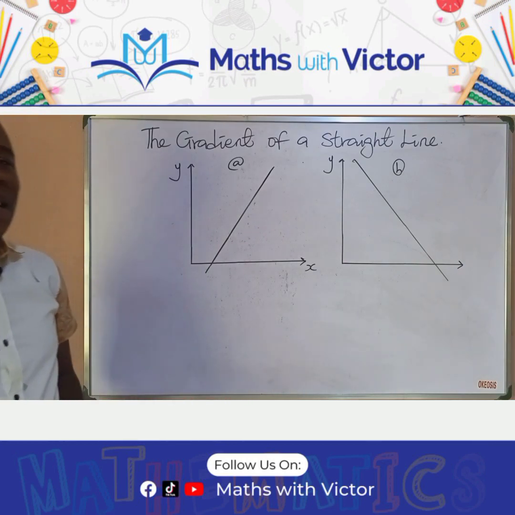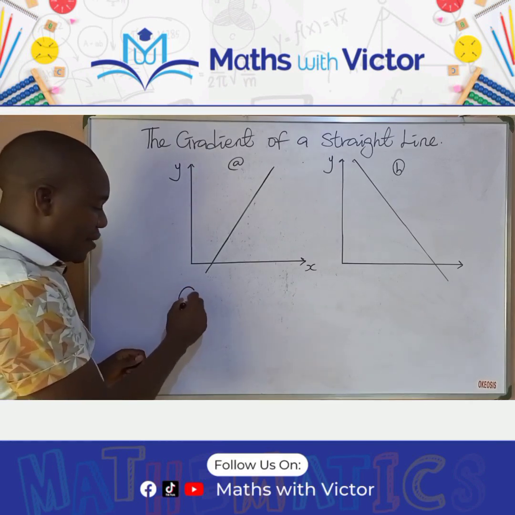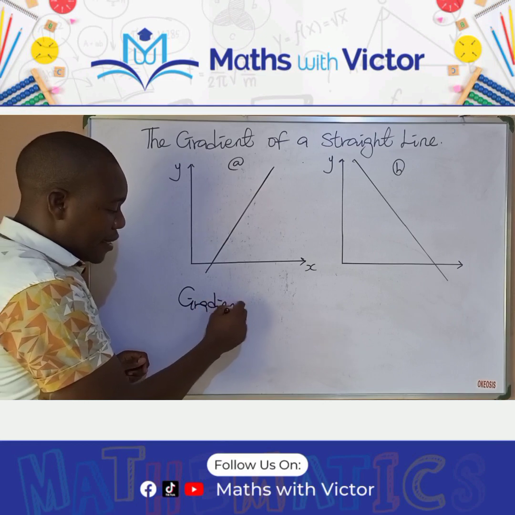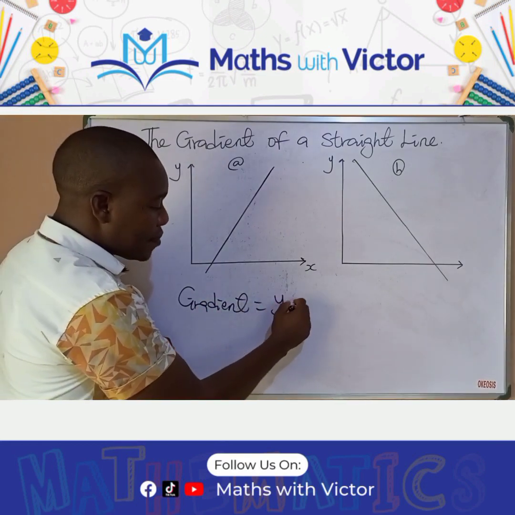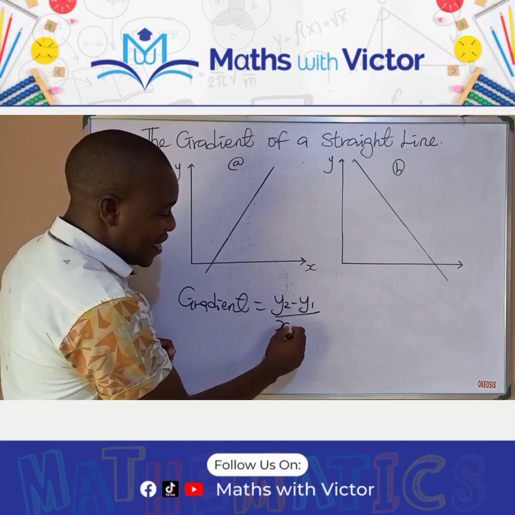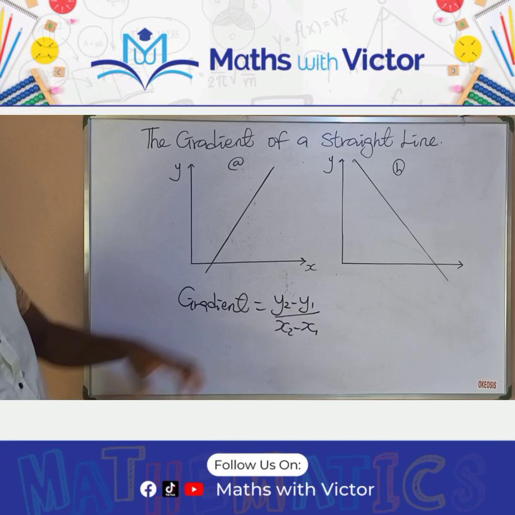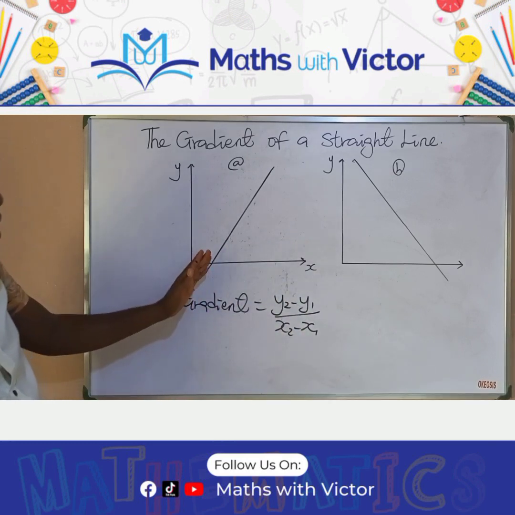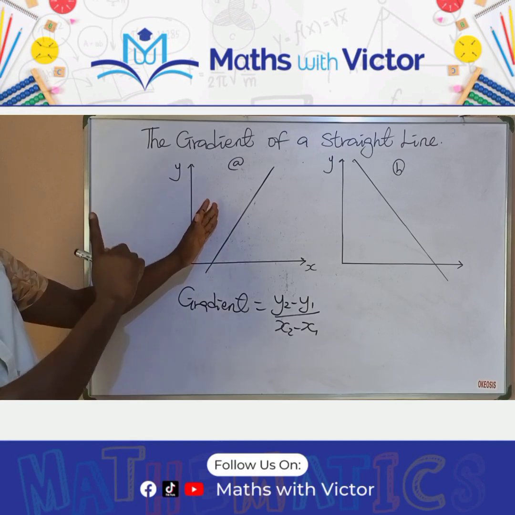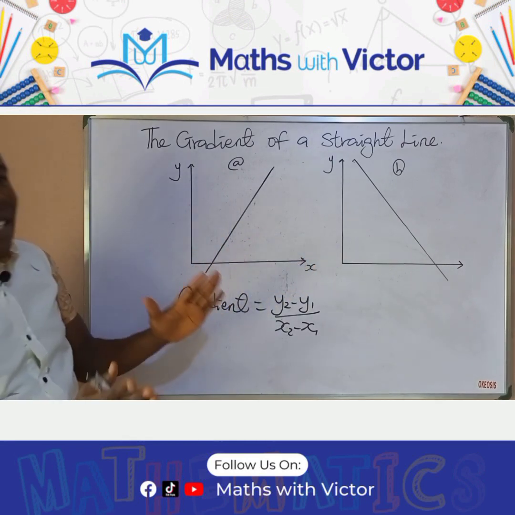So what then is the mathematical definition of gradient? We say that gradient is the increase in y over the increase in x. So gradient is the change in y all over the change in x: how the line moves with respect to the y-axis and how the line moves with respect to the x-axis, the ratio.